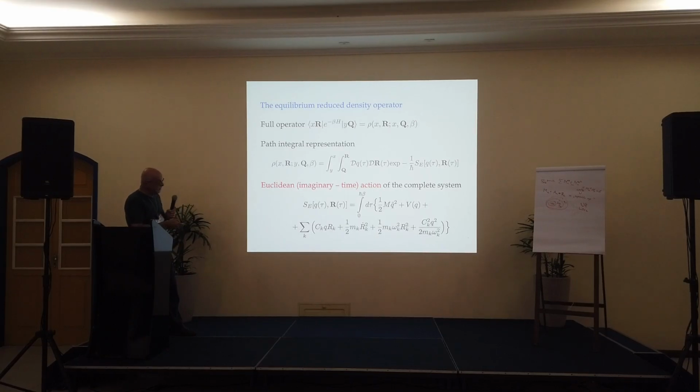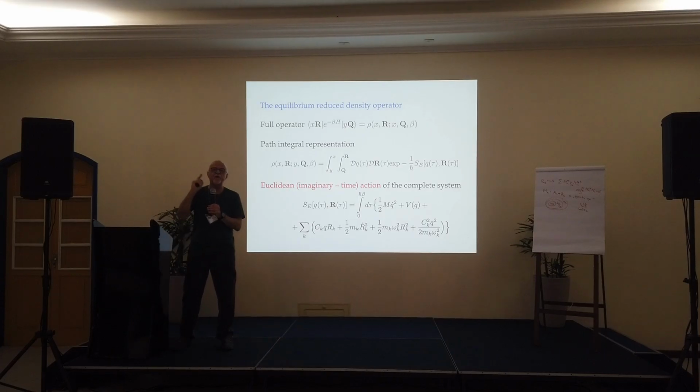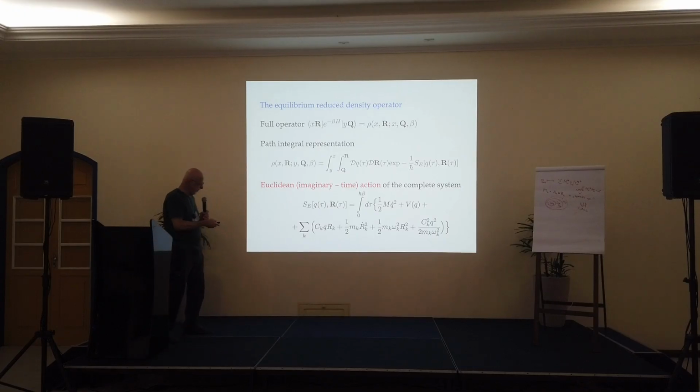And then what we have is a sort of Euclidean action where I replace all my times by imaginary time. Remember that imaginary time is related to beta now. And then we can perform the same sort of steps here. The only difference is that now I do not have forward and backward in time. All I'm saying is that I'm using only an imaginary time description for the operator.